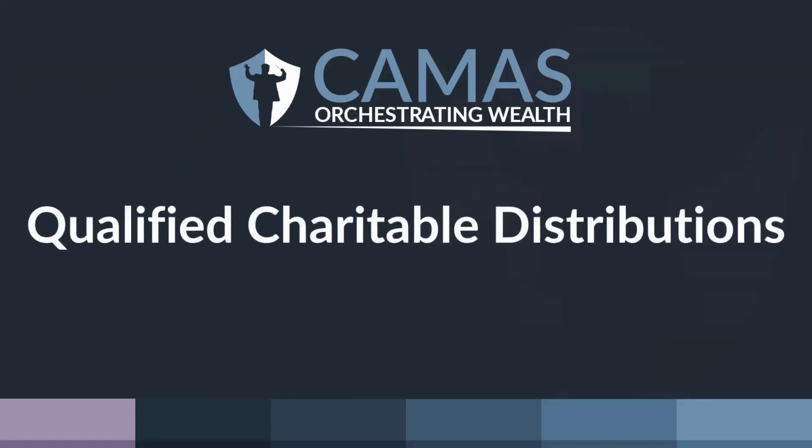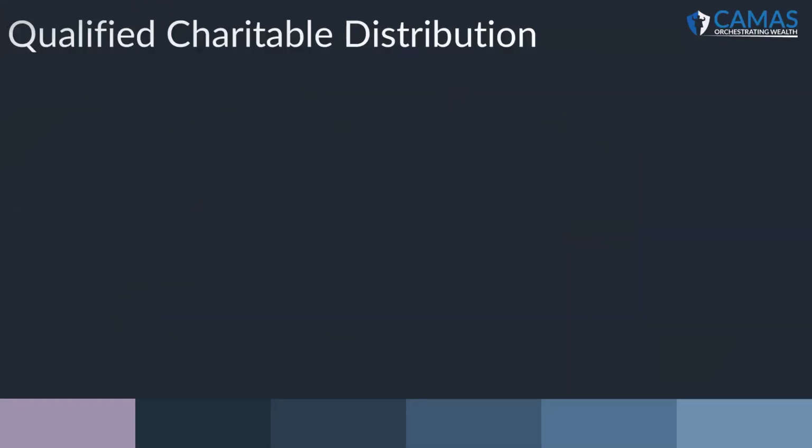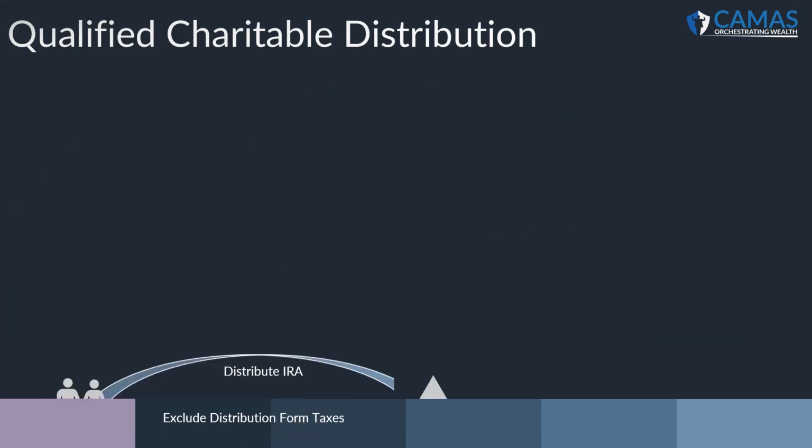As you look at the other things that we have, a lot of clients have retirement accounts that they just don't need. They're at that point where they think, all right, I don't want to take more required minimum distributions, or I've got other assets to support me in retirement. I don't need this IRA money. If I take the IRA, it's taxable.